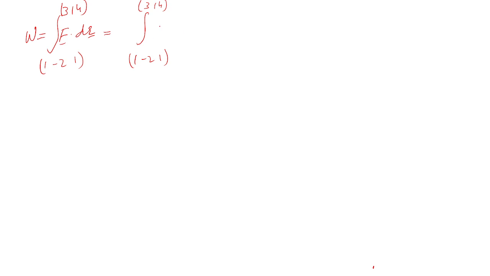So F is equal to gradient of phi dot dr. But we know that the product of these two gives d phi. So the differential and integral cancel out, and we get phi from the initial point to the final point.